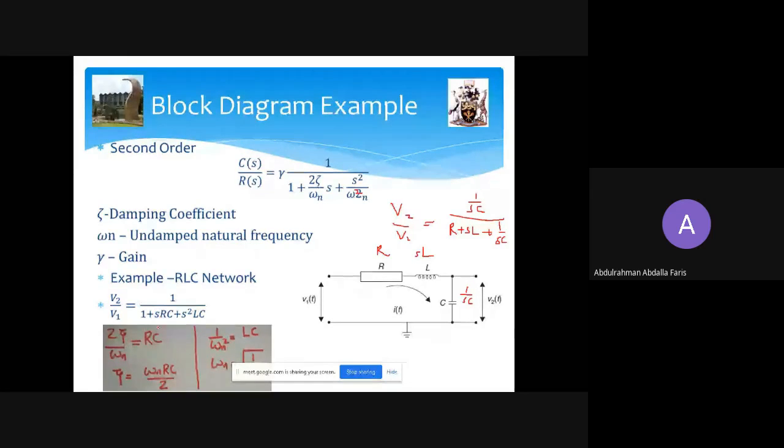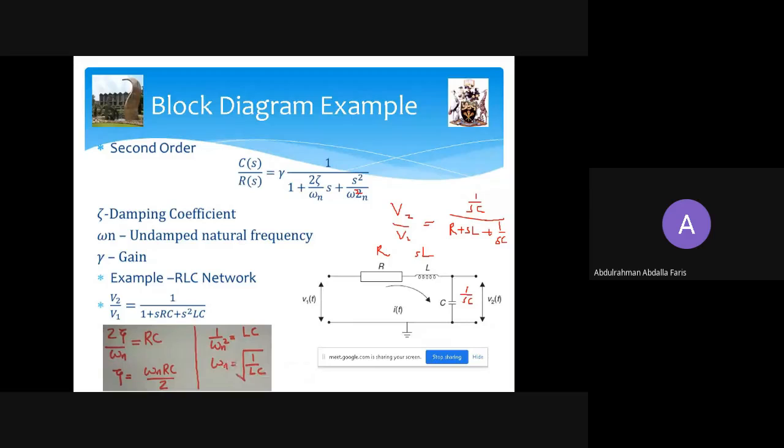So from here, if we compare this equation, the SRC here, with this standard form, we can actually get the zeta damping coefficient. Also, this one will enable us to get the natural frequency.